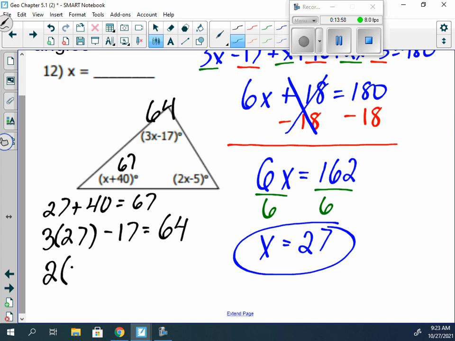And 2 times 27 minus 5 would be what? So the actual value of x was 27. And this here would be a what kind of triangle?